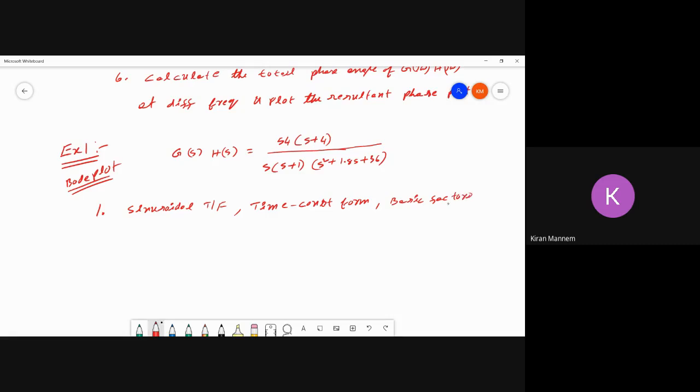Let us start with the time constant form, so that it is very easy to convert into the sinusoidal transfer function and also the basic factors.